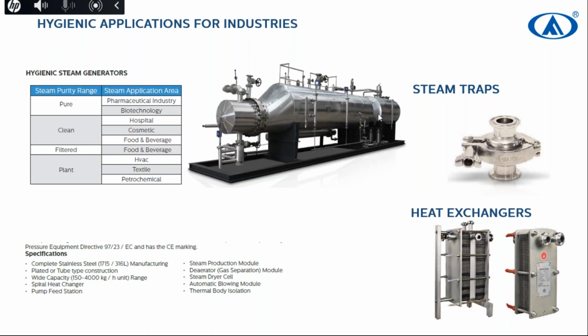And also, if you have small applications, you can use hygienic heat exchangers, where all materials are titanium or all materials can be 316L manufacturing. You also need to use a stainless steel steam trap in those applications.